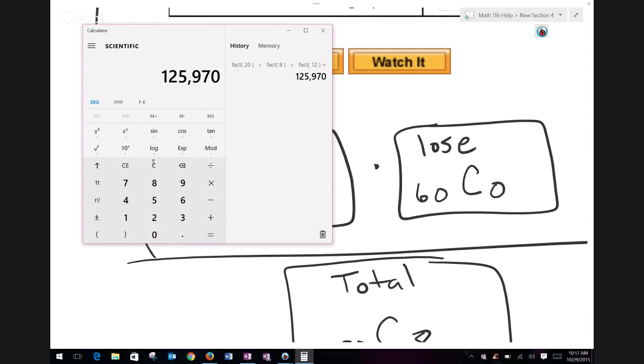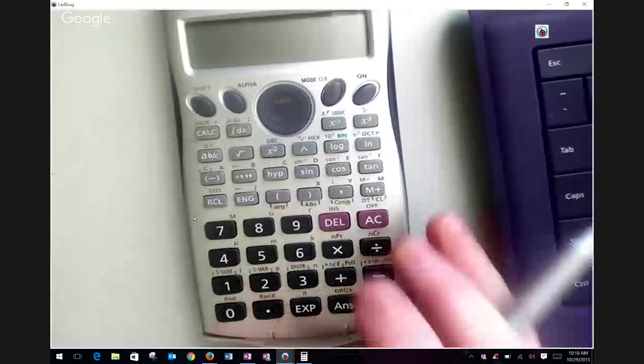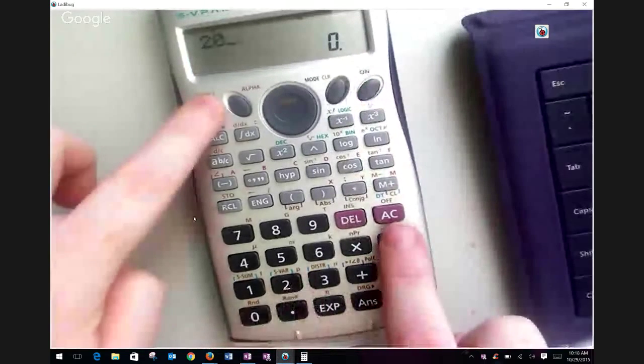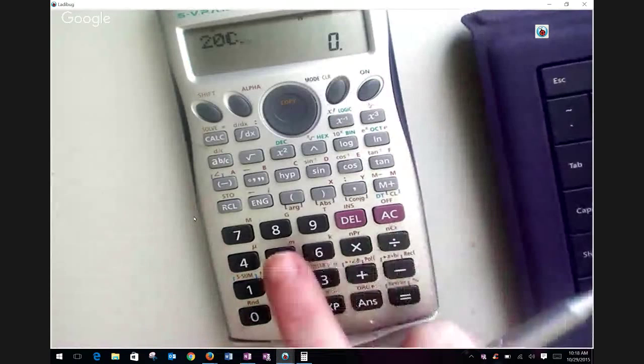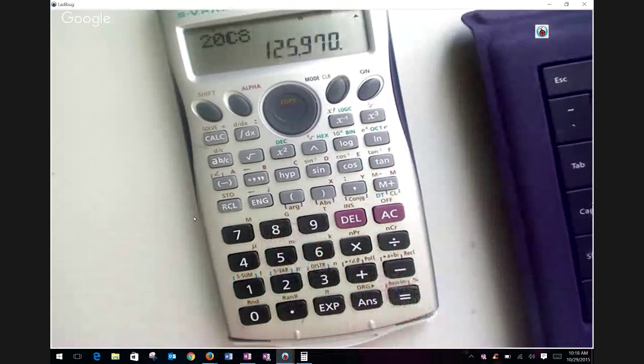Or you can use a combination calculator. And if we go back over here and show you that step, if I just put in my calculator 20 combination 8 and hit enter, it's going to give me that same number.